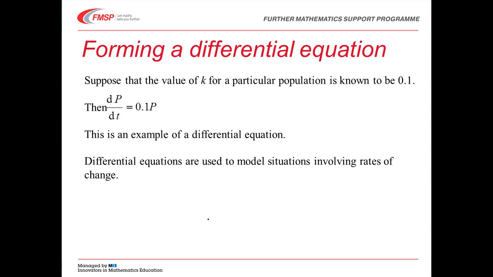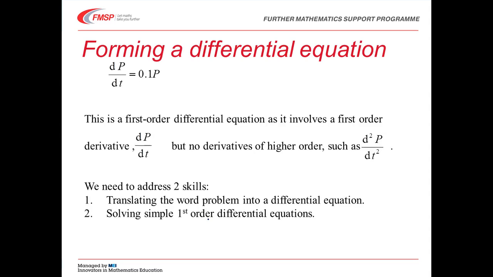This is an example of a differential equation, just an equation with a derivative in it. They're used to model situations involving rates of change. This differential equation is called a first-order differential equation because we've just got a first-order derivative and no derivatives of higher order. These are the only sort that you'll meet for Core 4.